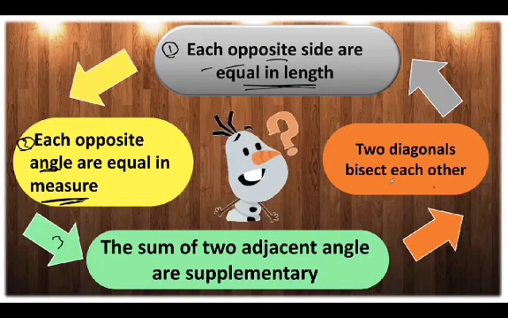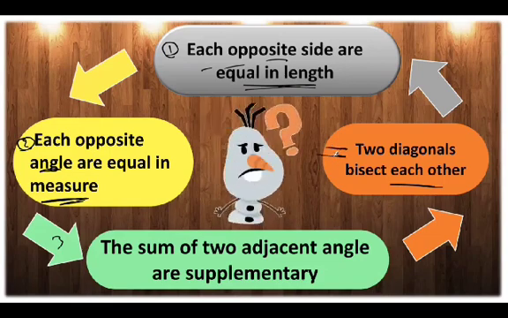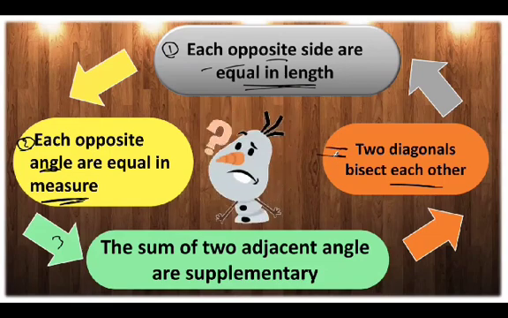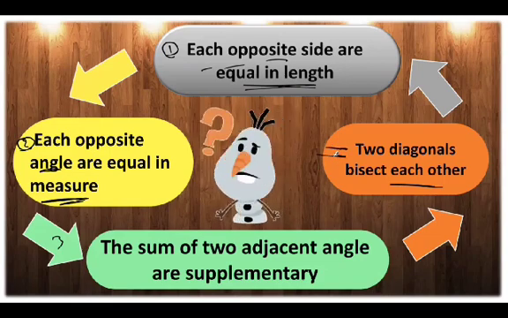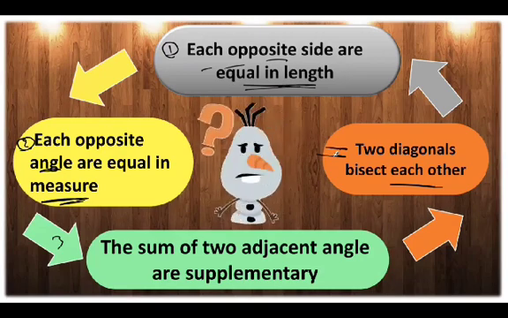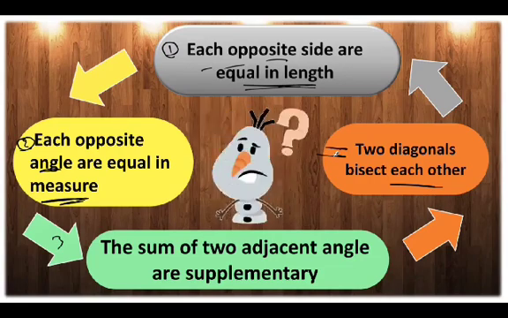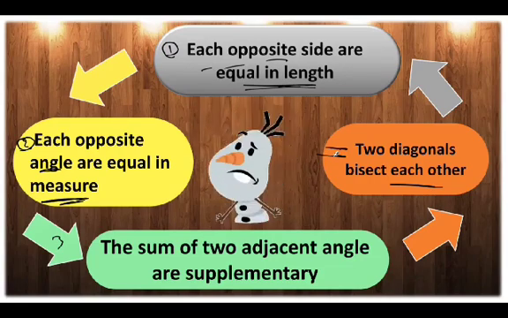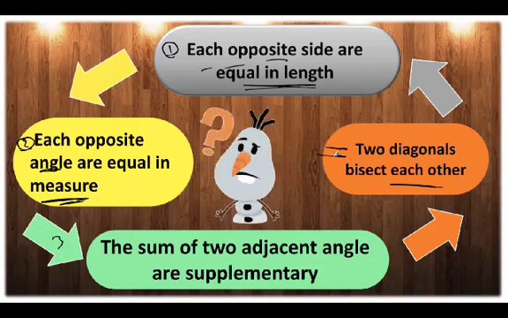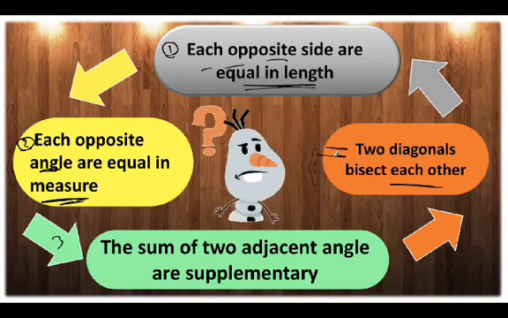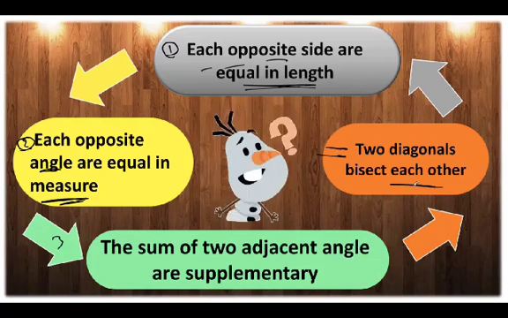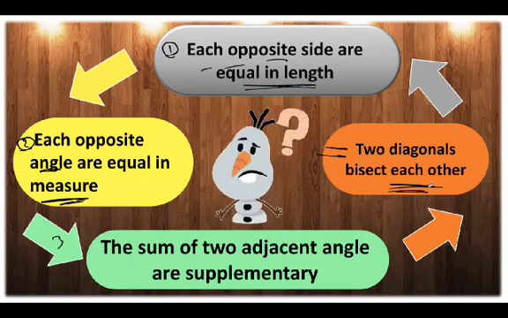Number 4 is very important. Why, mister? It says the two diagonals bisect each other. What does that mean? Are the two diagonals equal? I didn't tell you that. Are the two diagonals perpendicular? No. The two diagonals just bisect each other.